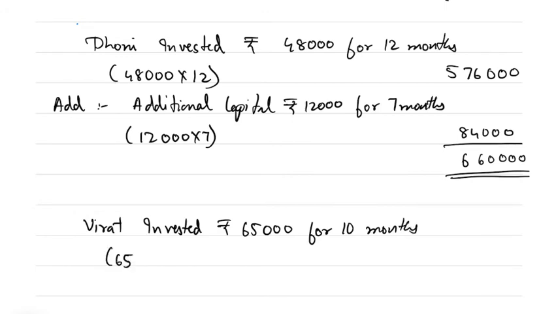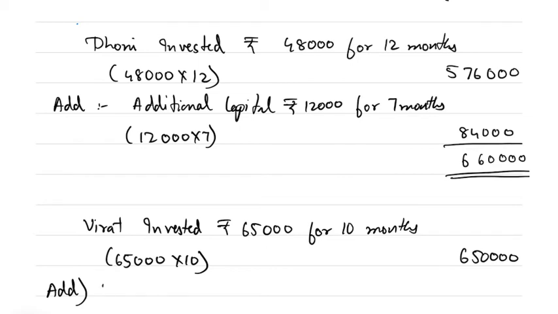So 65,000 into 10, which comes to 6,50,000. Then add, he withdrew 5,000. So now the capital has become 60,000.